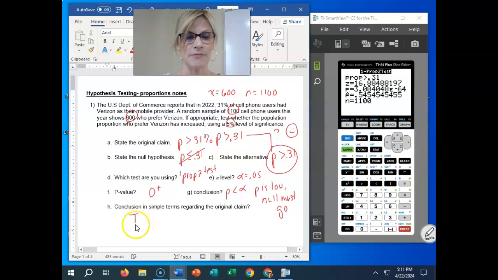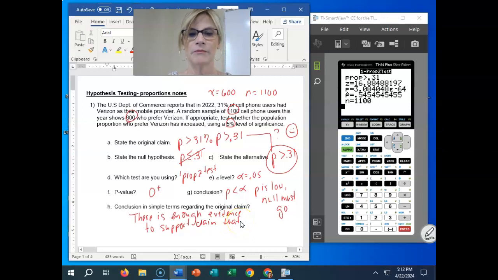We would say there is enough evidence to support the claim that more people prefer Verizon.